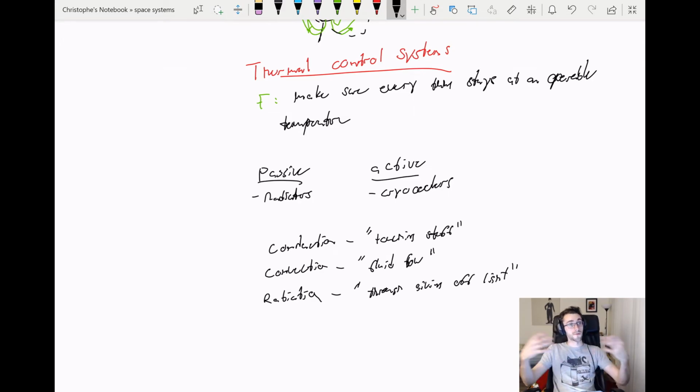So just as you can transfer heat away from yourself by giving off light or electromagnetic waves, you can also absorb thermal energy through electromagnetic waves. So something like the sun giving its energy to plants, and they go through their own chemical cycles where they use the electromagnetic energy from the sun to convert it into chemical energy.